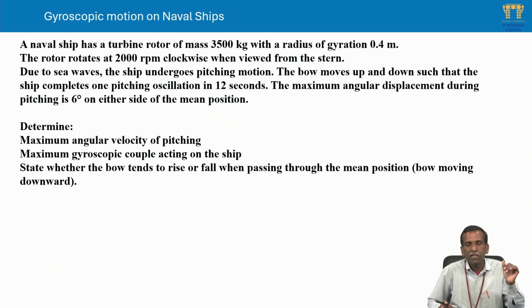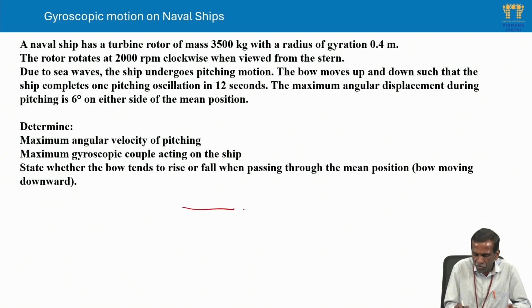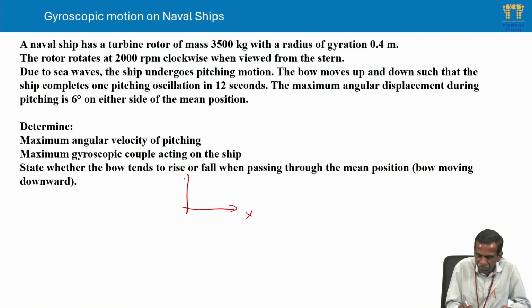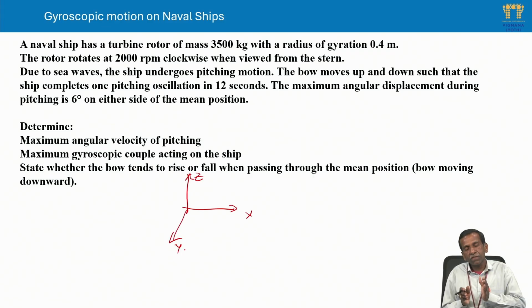With this understanding, in naval ships the turbine rotor is going to rotate about the x-axis, let us say. This is the x-axis, this is the z-axis, and this is the y-axis. So about the y-axis, if you give any motion, that is pitching.